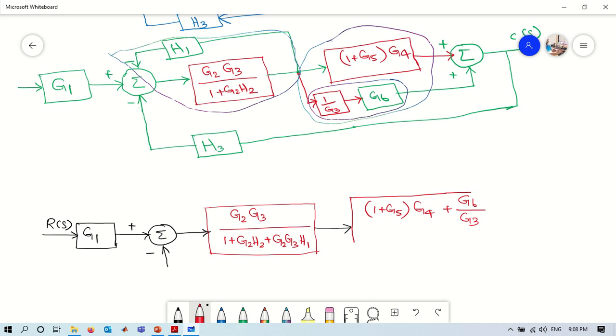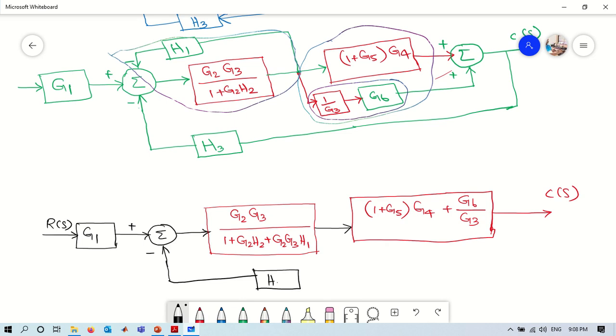So I have this block. The combination is eliminating this summing point, so directly I can write my C of S, but this feedback path H3 remains unchanged, right?